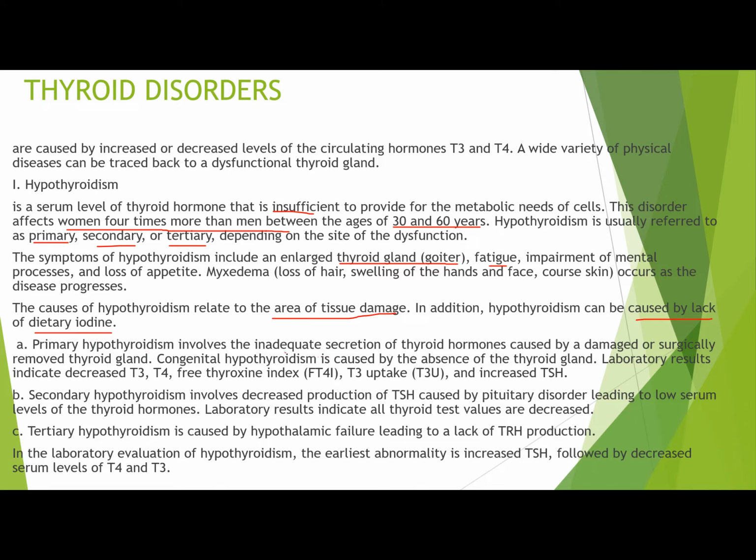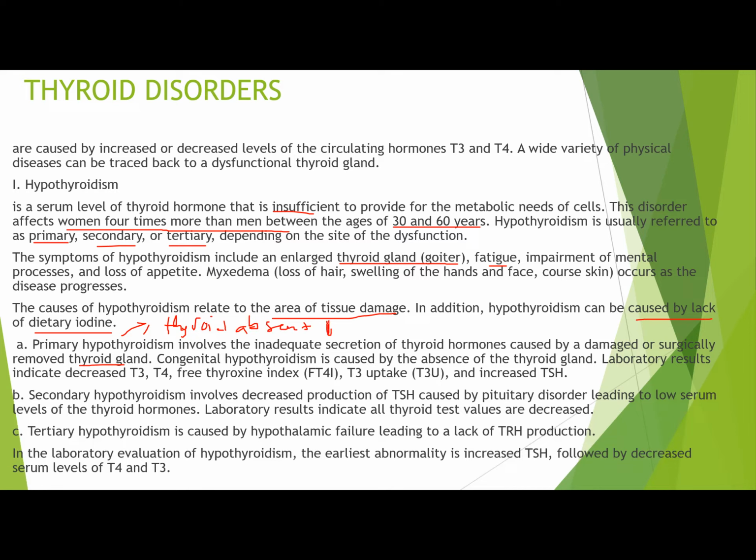This involves the inadequate secretion of thyroid hormones caused by a damaged or surgically removed thyroid organ. So wala na kayong thyroid. In primary hypothyroidism class, the thyroid organ is absent or not functioning.